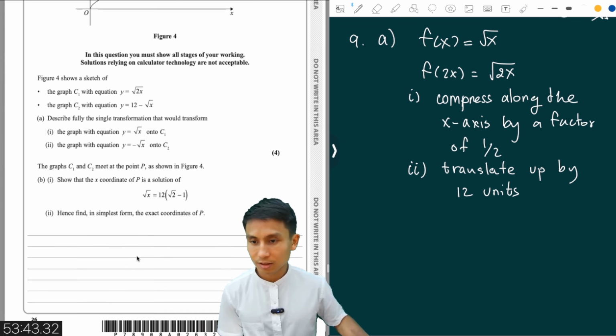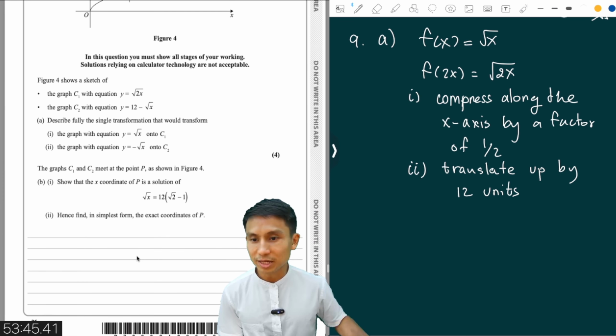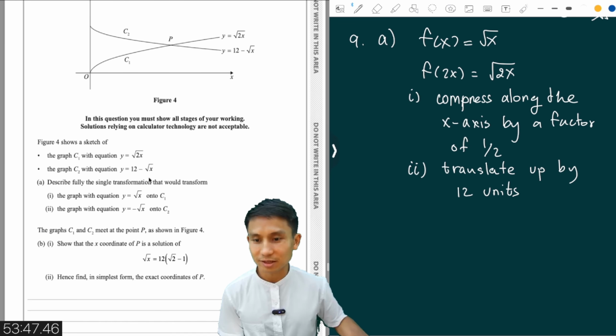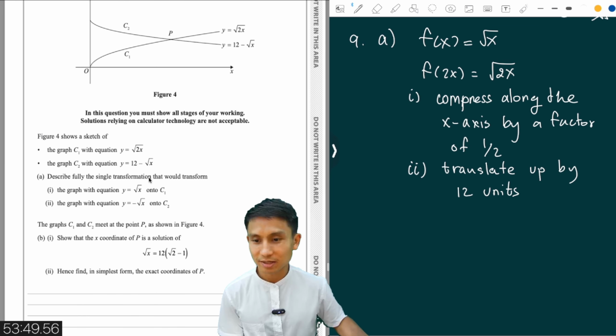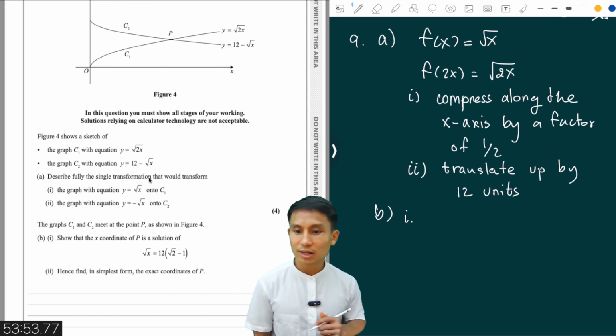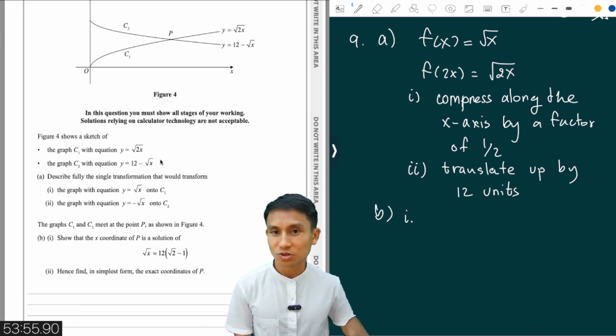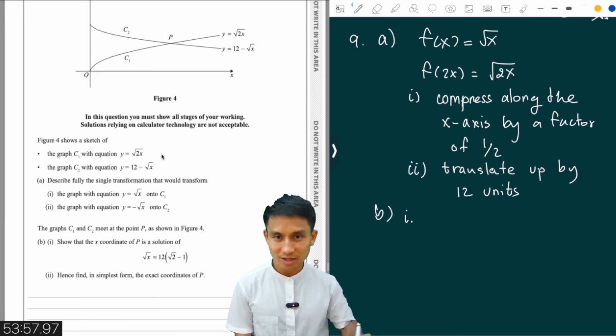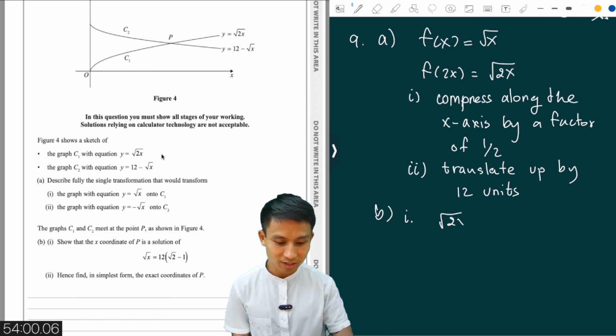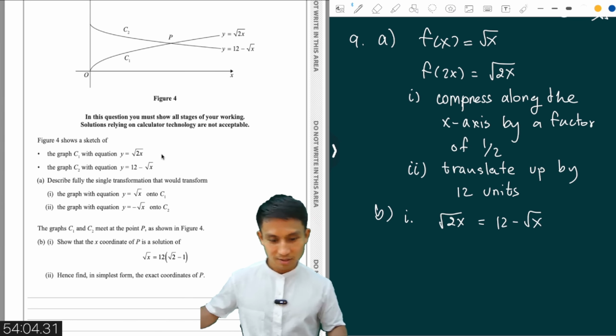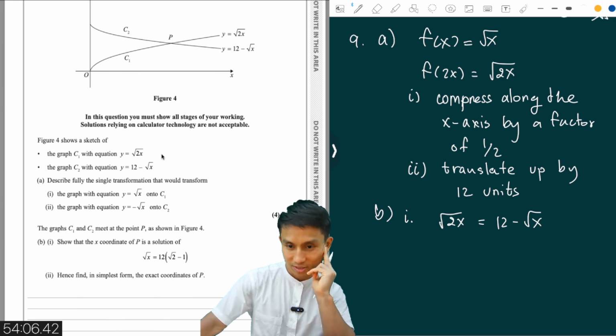Okay. The graphs C1 and C2 meet at the point P as shown. Okay, part b, i, show that the x coordinate of P is the solution of that. Okay, so we're just going to equate the two functions there. All right, here we go. Okay, let's see, what can we do?